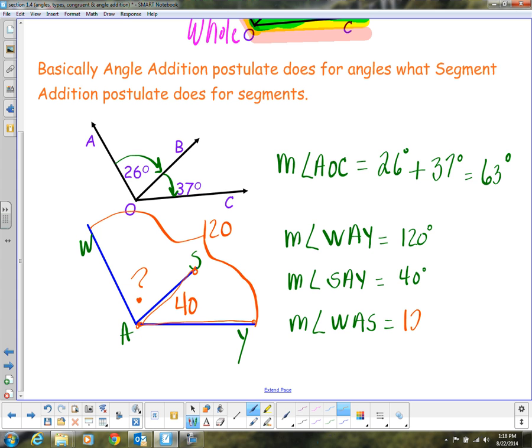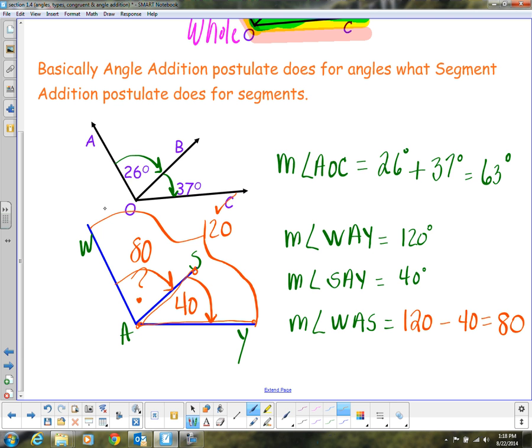So we're going to take the whole, which is 120, subtract the 40 that we have, and we're going to end up with 80. So to check, if I were to take the sum of this angle, which is 80, and that angle, which is 40, and I add them together by angle addition, would indeed I get 120? I think you would agree.